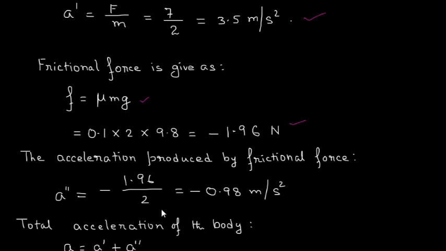The negative sign is because it is retardation. So now a double dash is equal to minus 0.98 meter per second square.